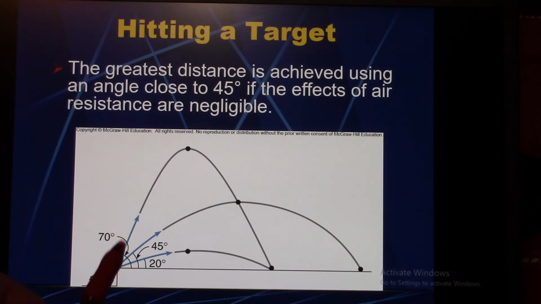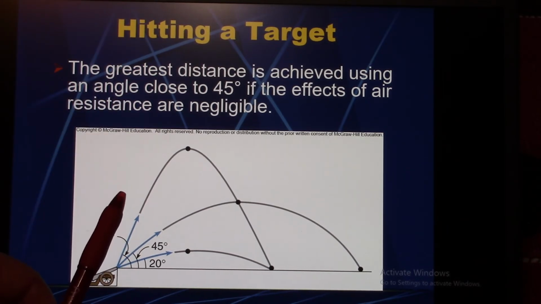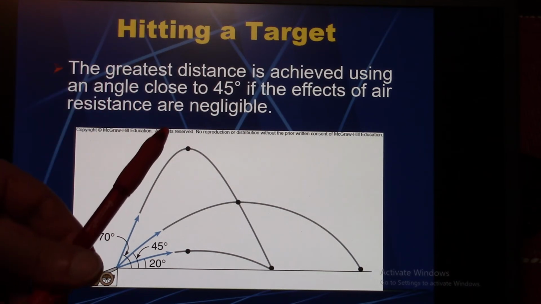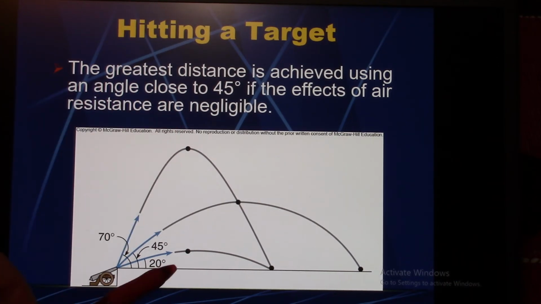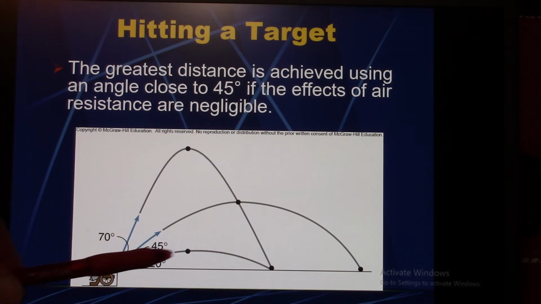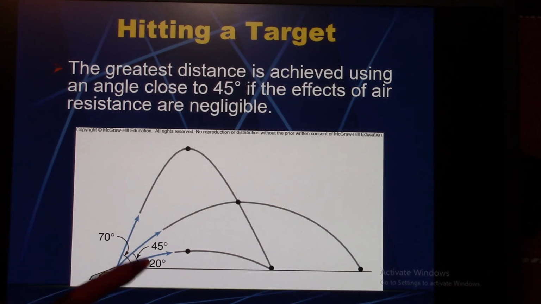If you throw something straight up, it's going to land straight down. If you throw it at a slight angle, it's going to go up and it's going to land, right? But you also know that if you throw it too close to the ground, gravity's going to affect it, it's going to hit the ground. Well, what angle gives you the greatest distance? It's right in between, 45, right? We all know that.